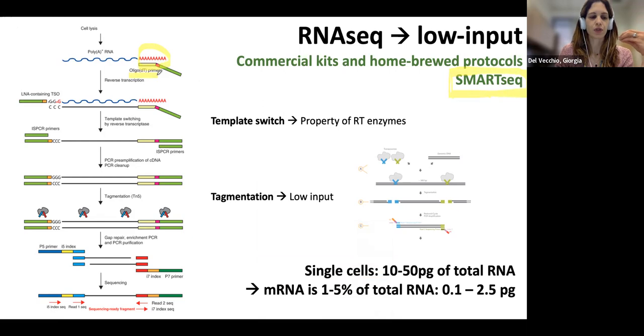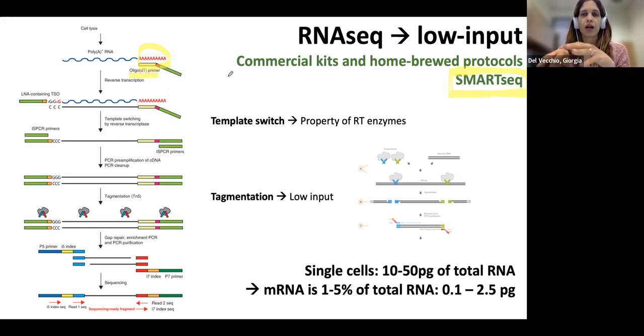So instead of using the oligo-DT beads, so capturing the messenger RNA with beads, we are using this primer during the reverse transcription. So why not use the beads here? It's because of the low input.